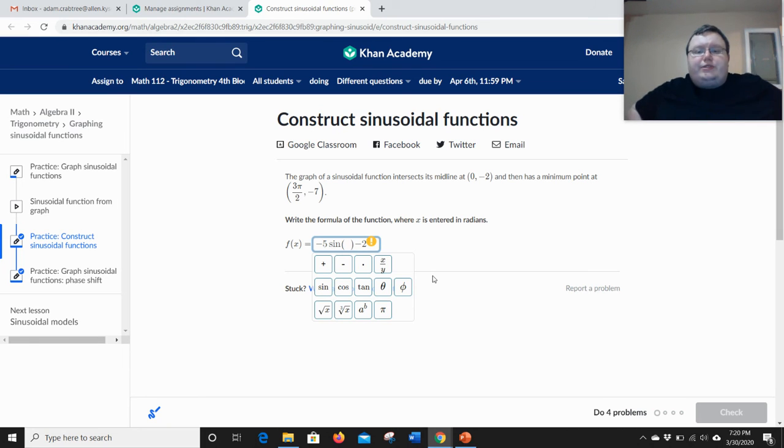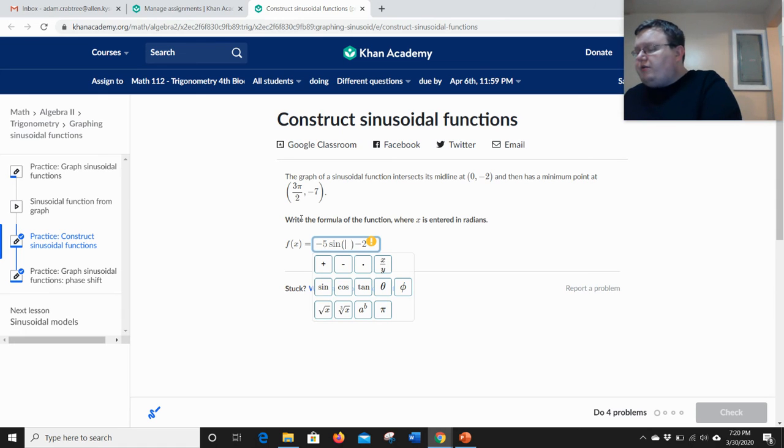All right. Next, we're going to figure out what our period is. So that distance there from 0 to 3π/2 is 3π/2. This can be the hardest part, really, of constructing. So 3π/2 is going to be a fourth.